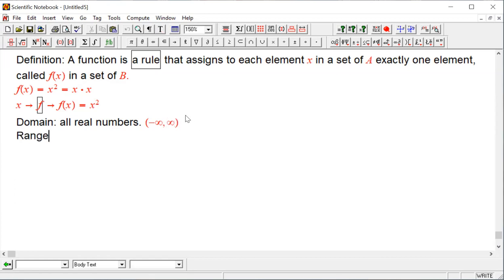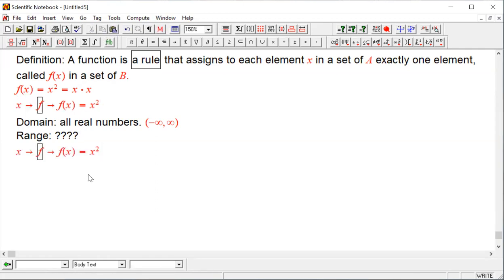How about range? Will range still be all real numbers? I'm going to leave a question mark here. So let's try out some inputs.